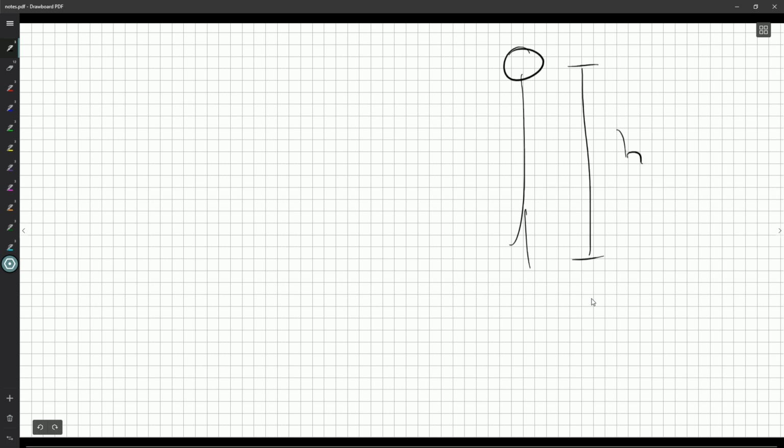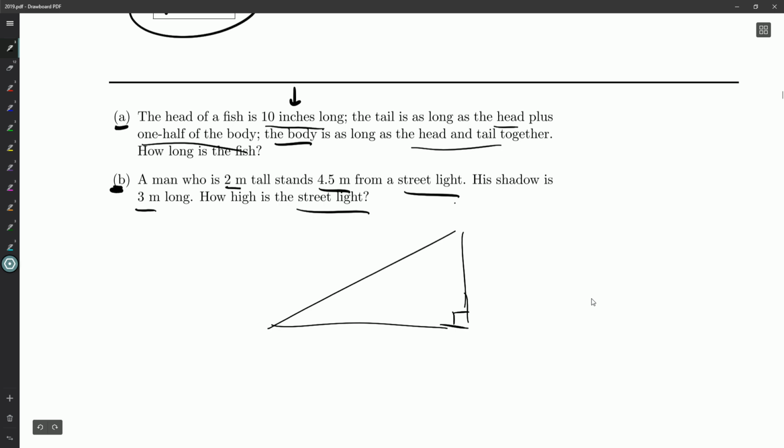Let's write our work down in our notepad. We'll put our street light here, and we would like to know how tall it is. Maybe call it H for height. Now the man, 2 meters tall, stands 4.5 meters away.